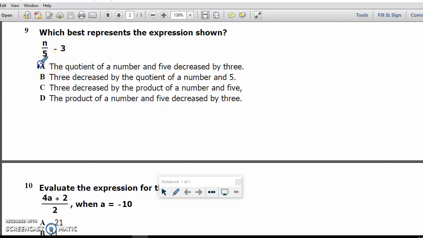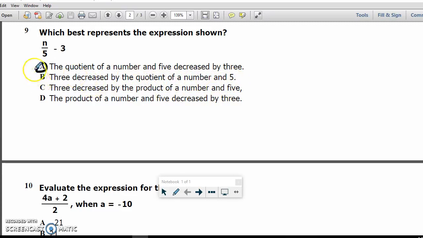So actually A is our correct answer, but let's go ahead and double check the others. 3 decreased by the quotient of a number and 5. Now I see why this one may confuse some, but remember decreased by is not a turnaround word. So with it written the way it is, 3 decreased by, 3 should be in front, decreased by the quotient of a number and 5.